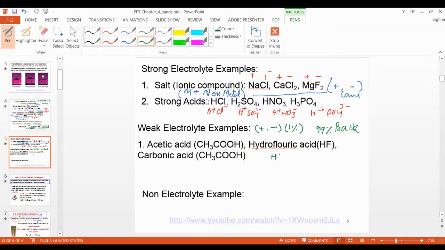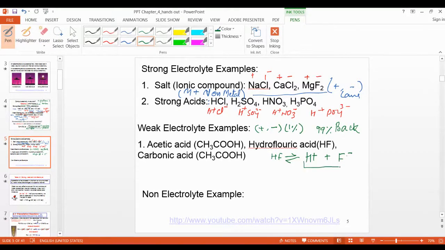Just like I will give you the example HF. These two arrows, as I told you, two arrows always show reversible. So you will get H plus and F minus.